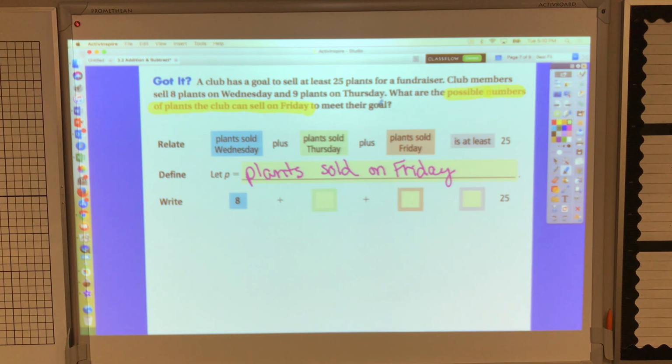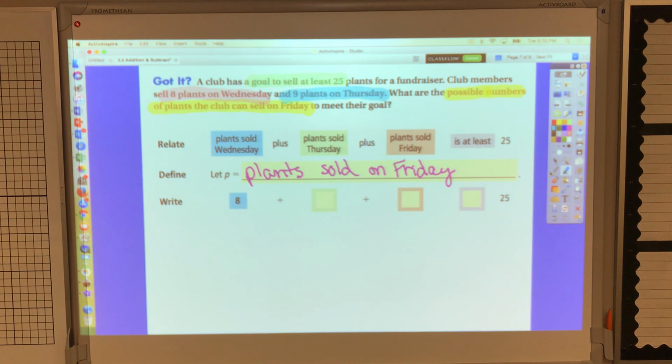Other key pieces of information: they have a goal to sell at least 25 plants. To sell at least 25 plants is their goal. It's pretty important. And we know that on Wednesday they sell 8, and on Thursday they sell 9.